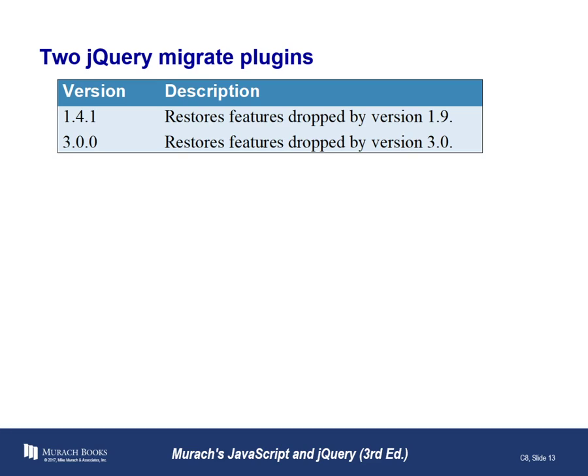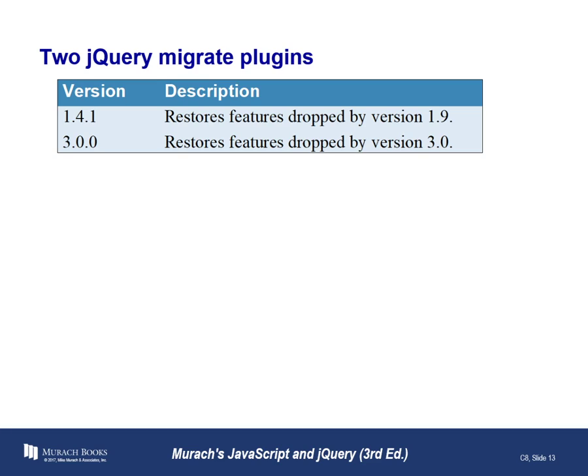What you do is you link to jQuery version 3 first, and then you link to this migrate plugin. This migrate plugin would add some features that were in version 2. So there is a way to migrate from older editions like version 2 to version 3 without breaking everything, using what's called a plugin.